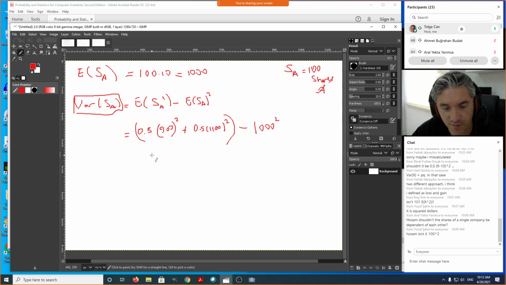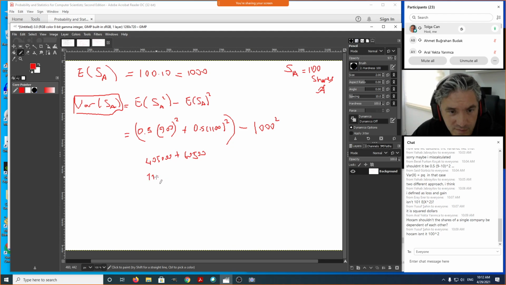Multiplied by 0.5, this is 405,000, plus 1100 squared multiplied by 0.5. It is 605,000, so we get something similar.